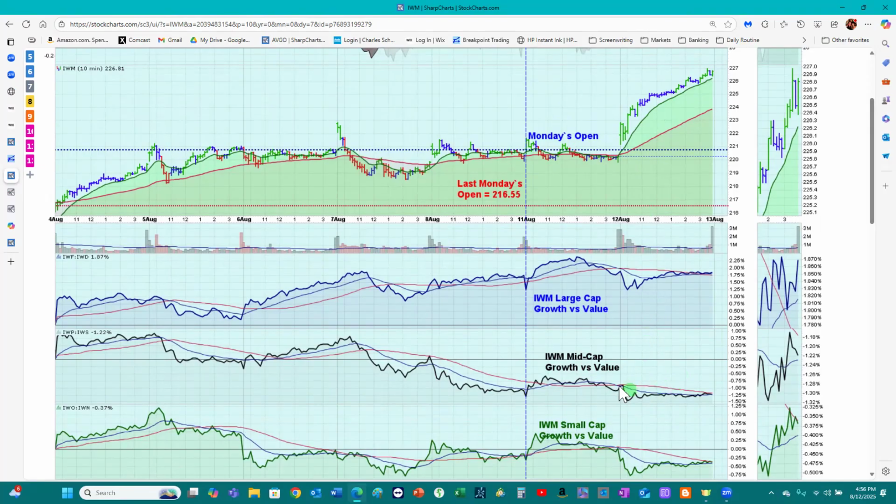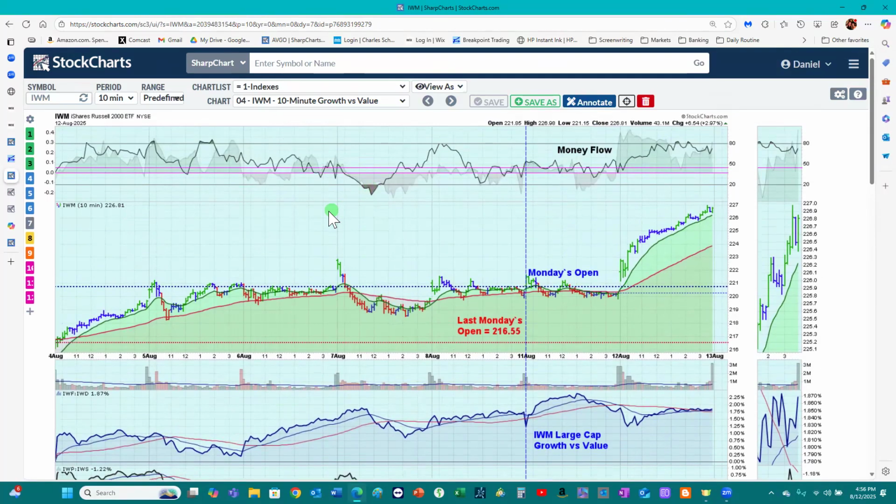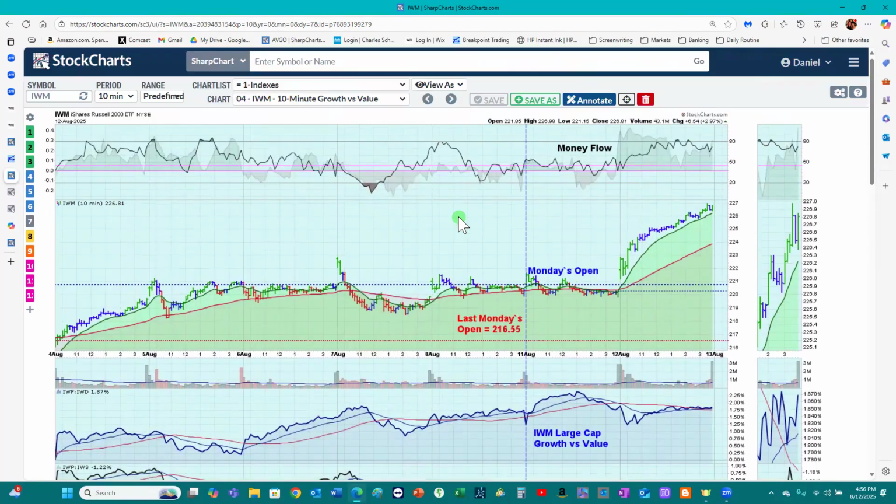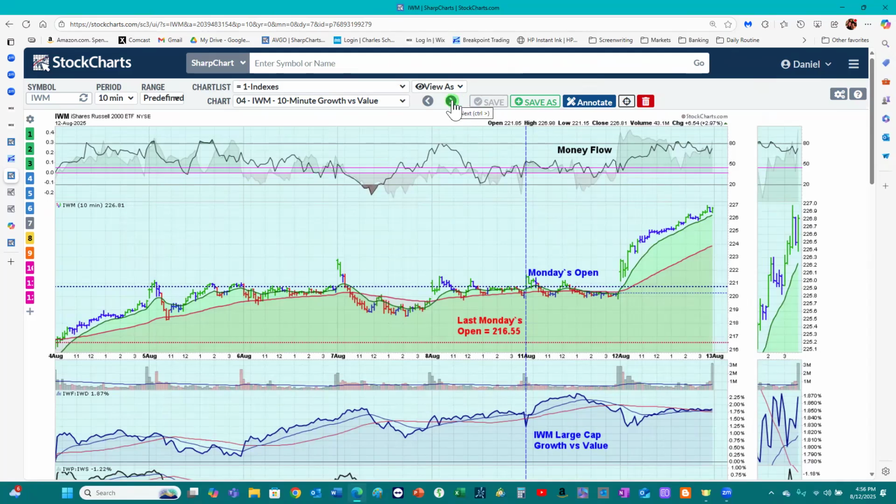But that's not the case. Instead, growth versus value was actually down for both mid cap and small cap and pretty much flat for large cap. So I don't know what that's going to mean. We'll see probably in the next couple of days if that has any effect on what happens. But it looks to me like the rotation is into value.